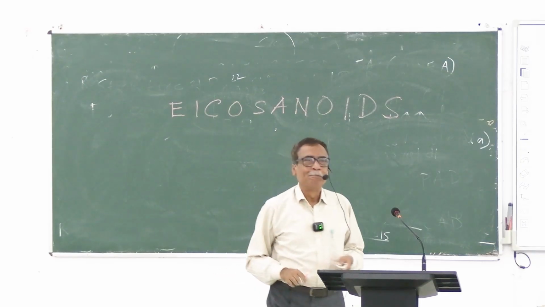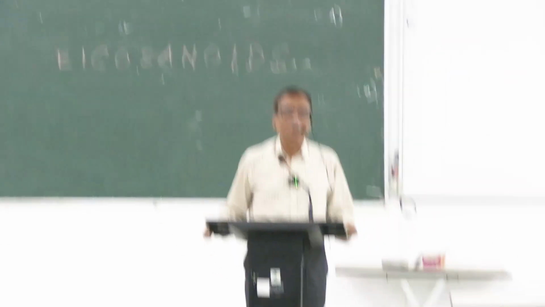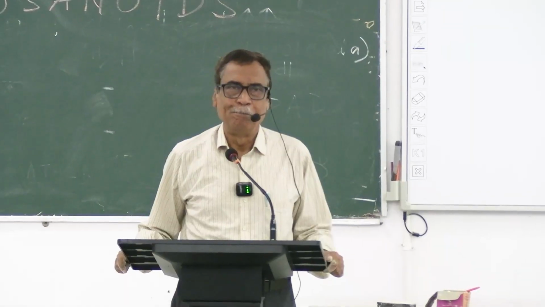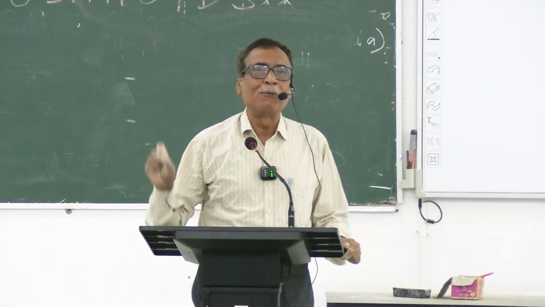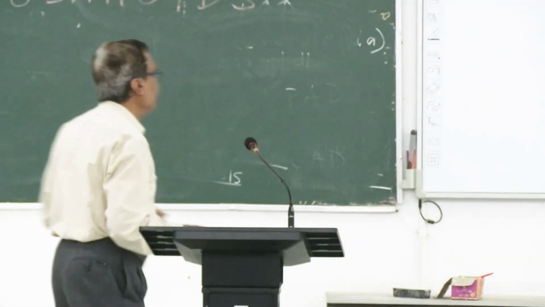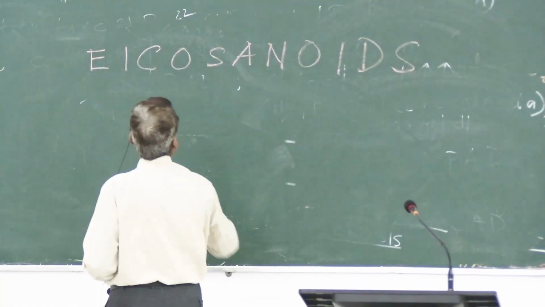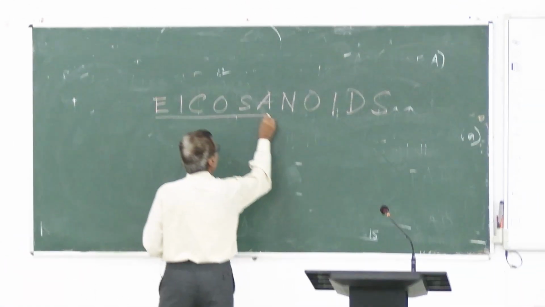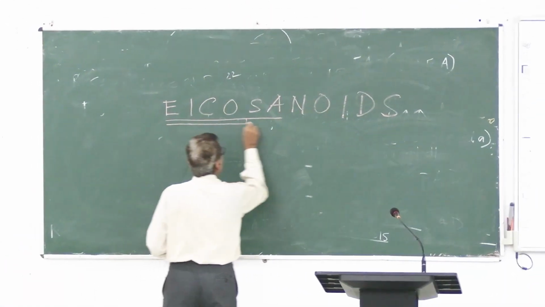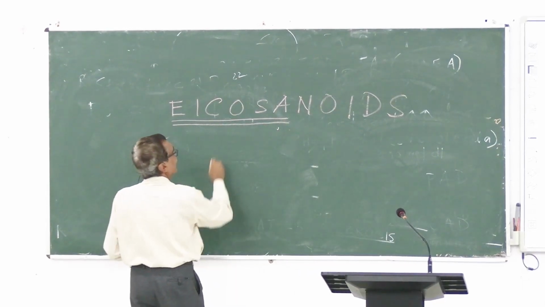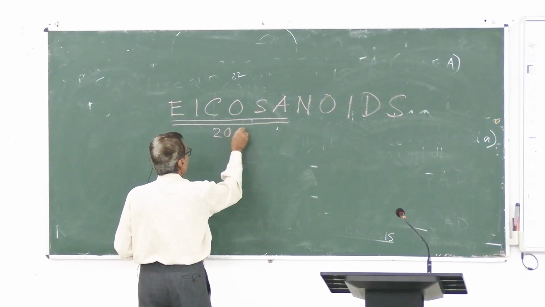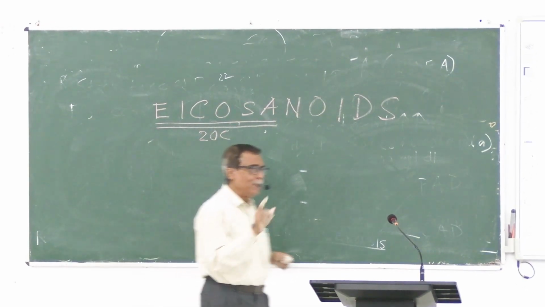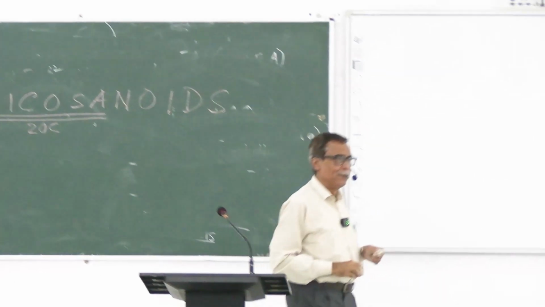Eicosanoids are 20 carbon fatty acid derivatives. Derivatives of the 20 carbon fatty acid. ইকোসা, এই ইকোসা কথাটার মানে হচ্ছে, the meaning of the ইকোসা, it is 20 carbon. Derivatives of the 20 carbon fatty acids.